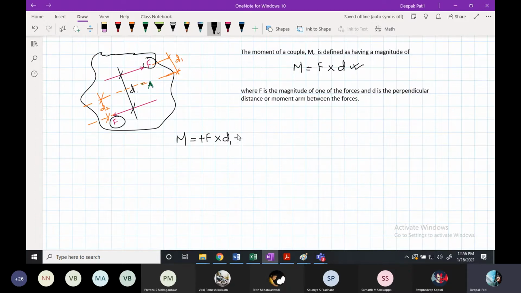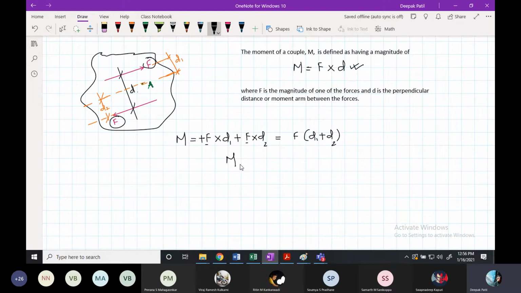So I will write plus F times D2. Now I know that this F and this F are the same, so I will take it as common. So I will write it as F times D1 plus D2.